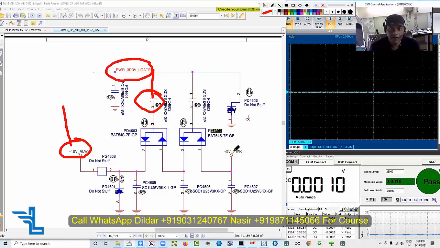Like here you have given the 5 volt. Here you will find around 10 volt, and here the 10 volt will be charged. The 5 volt is the charging capacity of this capacitor, and now the 15 volt you will get on this point, like this way.